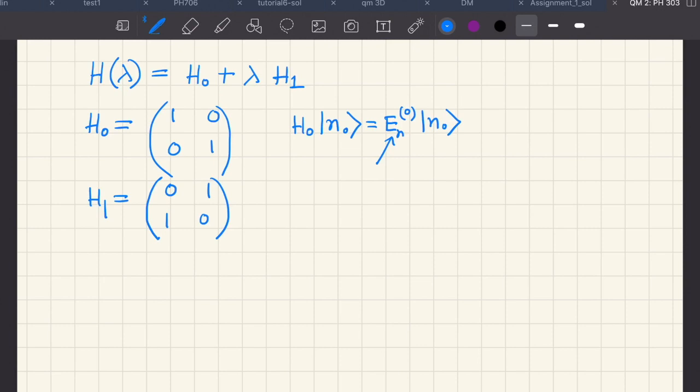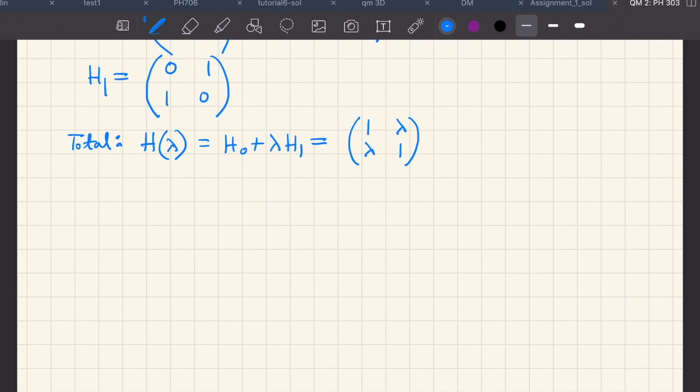We then have the total Hamiltonian H, which is a function of lambda, which is nothing but H naught plus lambda H1, as 1 lambda lambda 1. This is my total Hamiltonian.